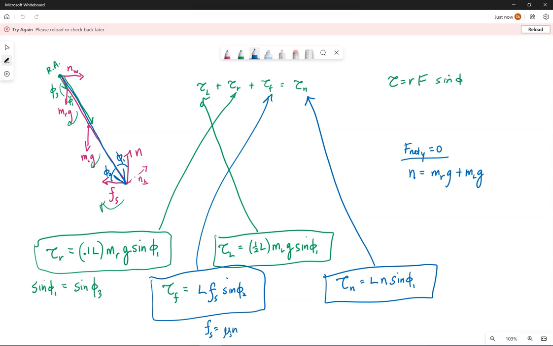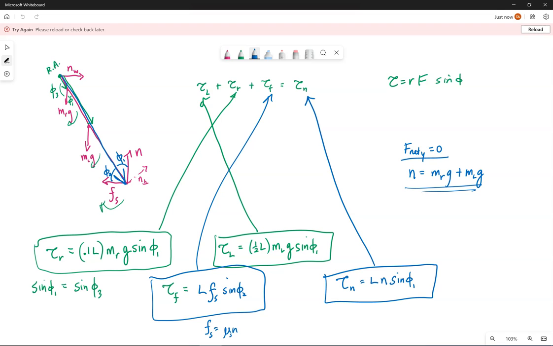Adding the forces in the y direction, that normal force with the ground would need to balance out the weight of both the ladder and Romeo. And so we would need to substitute this into our torque equation, and then we could find mu, which is fine. It's just a couple more steps maybe than what we did before. So there's no problem with that.